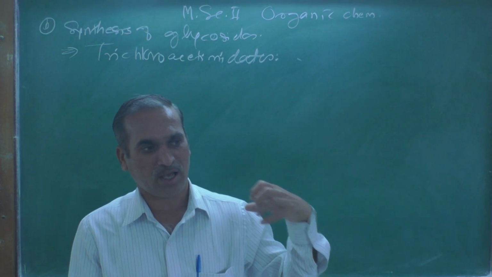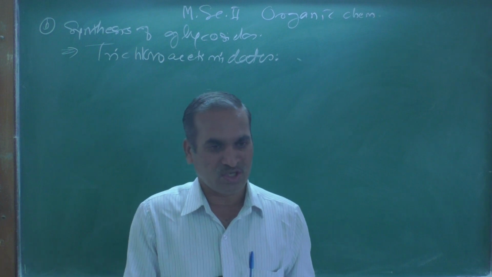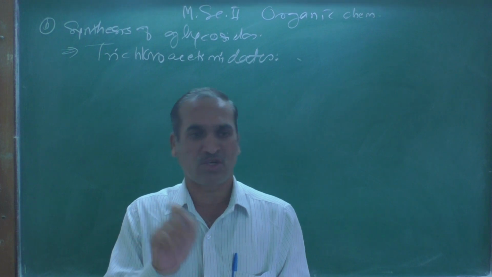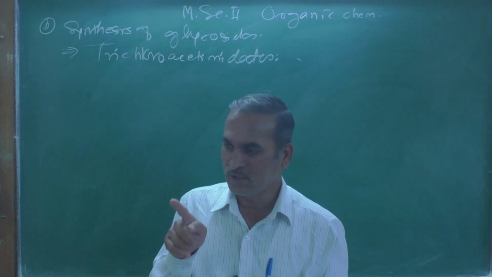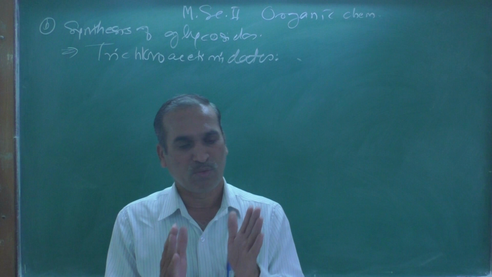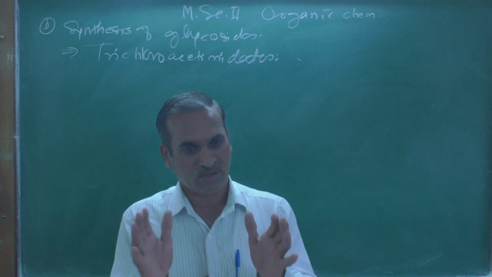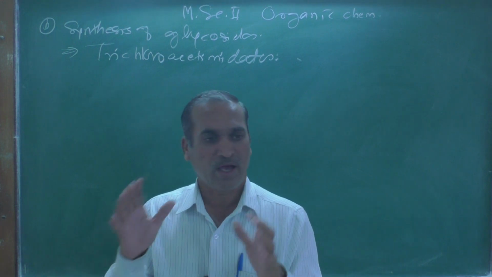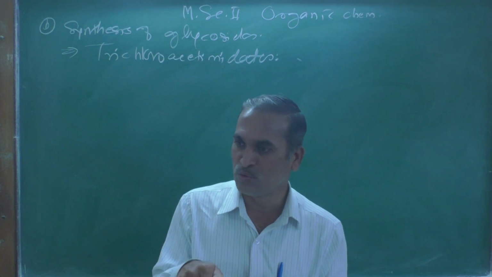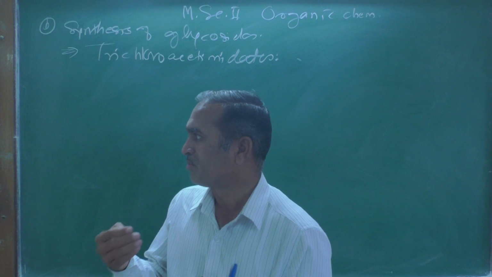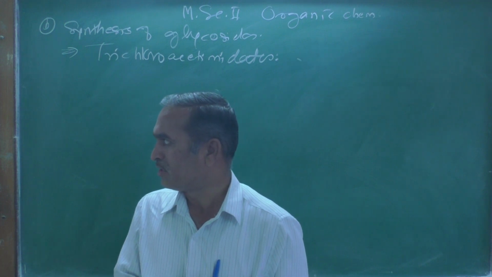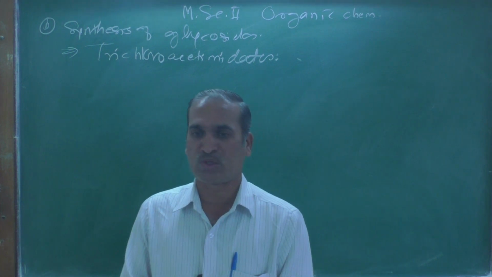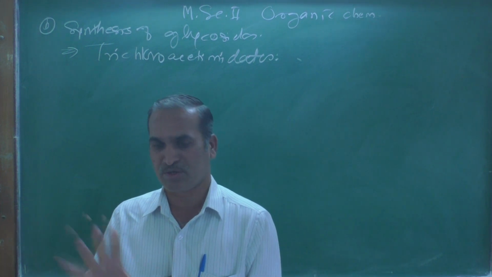And why is this trichloroacetamidate essential? Because it acts as a donor. For the formation of the glycosyl bond it requires an acceptor and a donor, and then the reaction occurs, with the formation of a new bond between the oxygen and the carbon atom. Generally, when the glycosidic bond is formed, there is elimination of a water molecule.